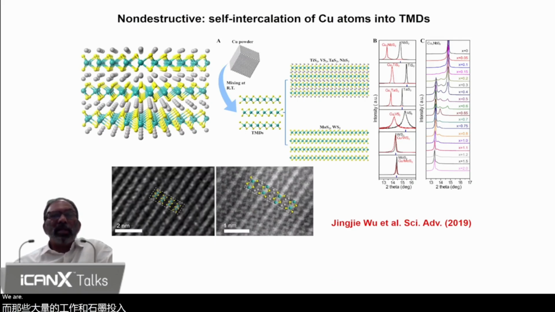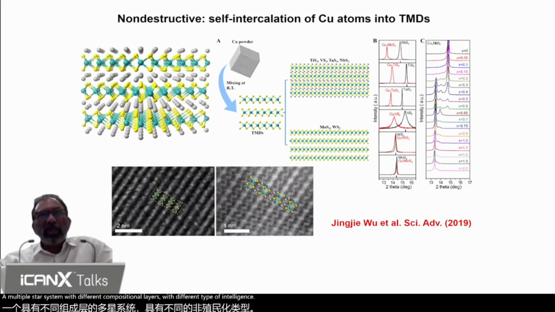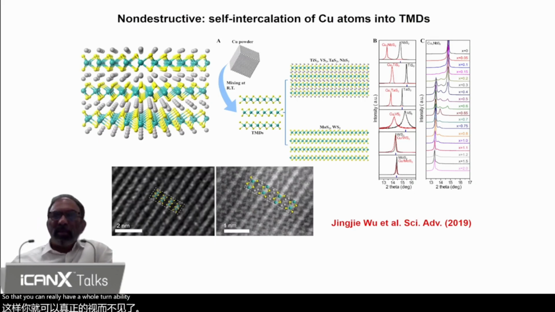We are also starting to see work coming out in intercalating 2D systems like TMDs and so on. And ultimately, the design of such materials would be fascinating. Can you create a multiply stacked system with different compositional layers, with different types of intercalants, so that you can really have a whole tunability in terms of electronic structure?